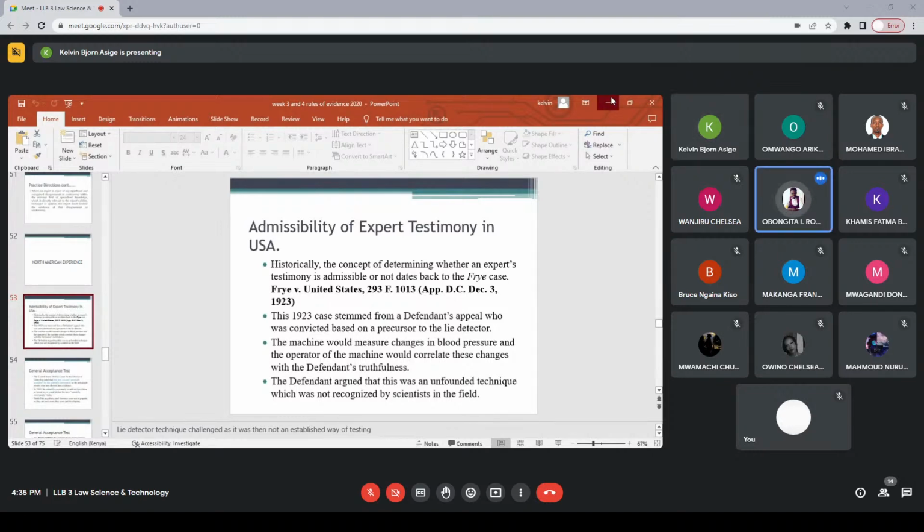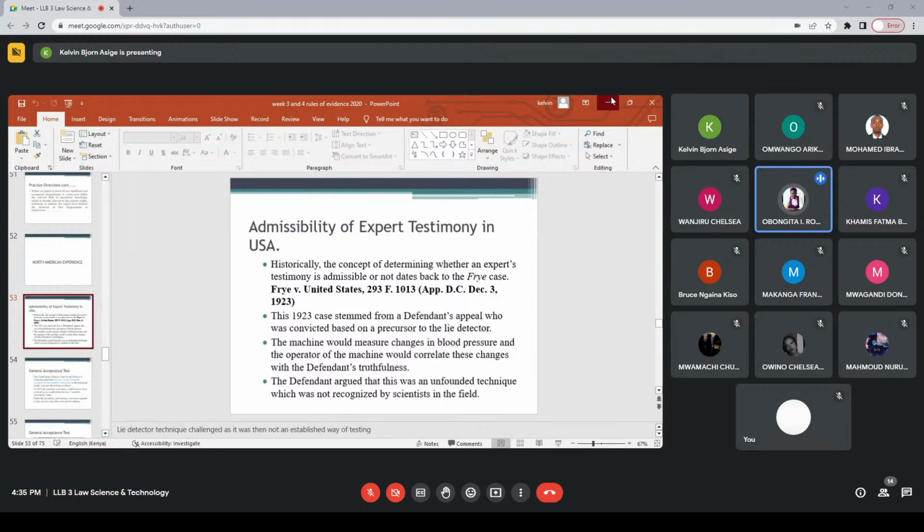Yes, and 48 subsection 1, if I can read, says: when the court has to form an opinion upon a point of foreign law or of science or art, or as to identity or genuineness of handwriting or fingerprint or other impressions, opinions upon that point are admissible if made by persons especially skilled in such foreign law, science or art, or in questions as to identity or genuineness of handwriting or fingerprint or other impressions.